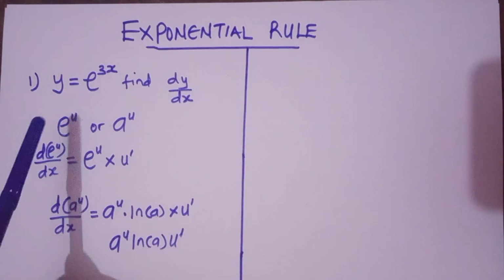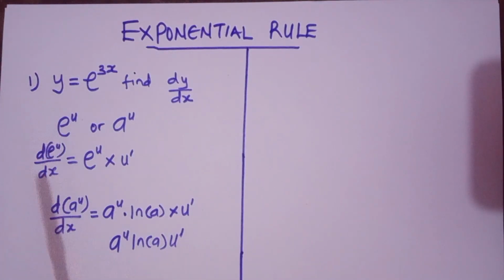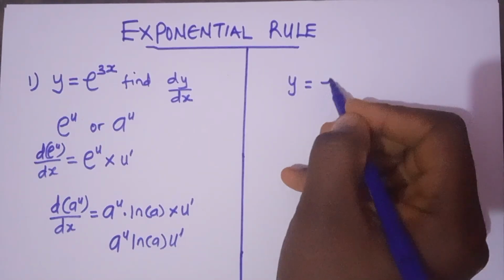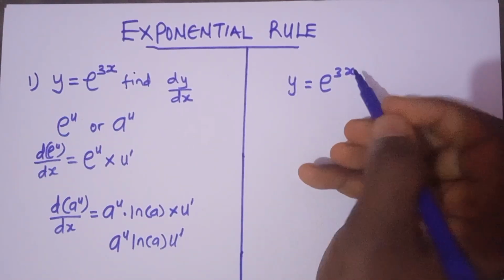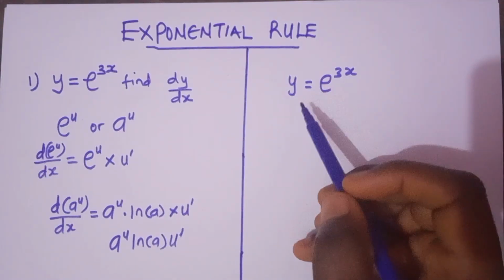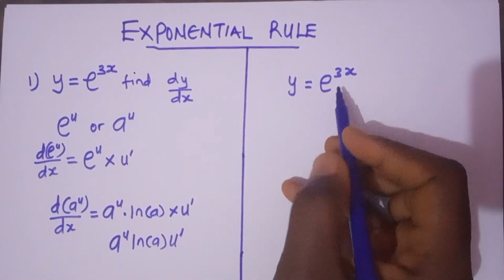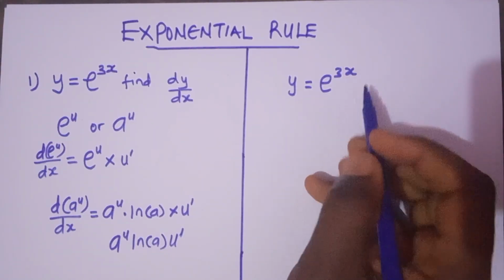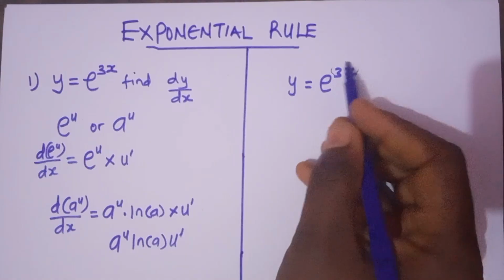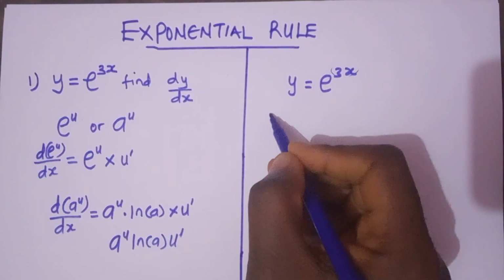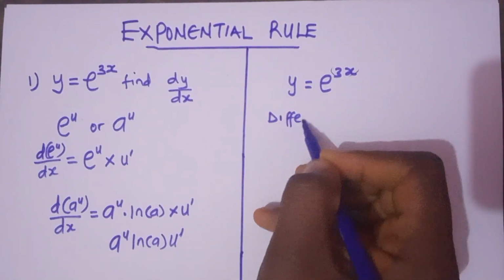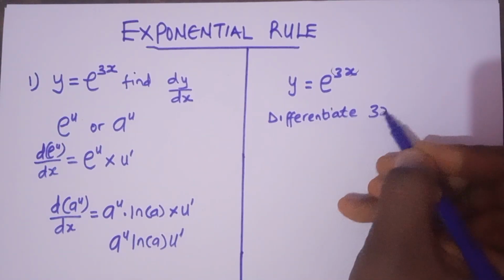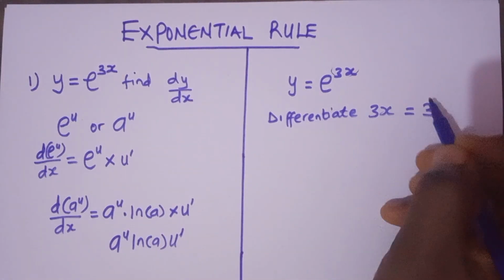So now let's solve example 1. We have y equal to e raised to power 3x. Find the derivative. What are we going to do? You differentiate the power. Differentiating 3x, we have 3.